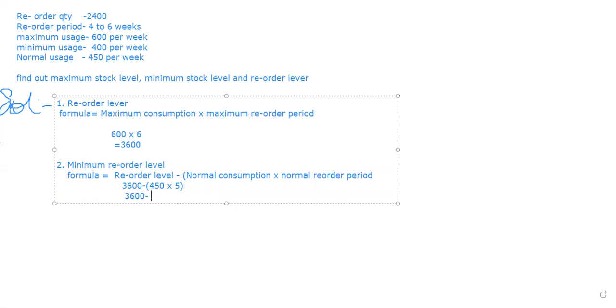So 5 zeros are 0, 5 5s are 25. Then 2250 you're going to get. So therefore, our answer is going to be 1350 units. So this is my answer.